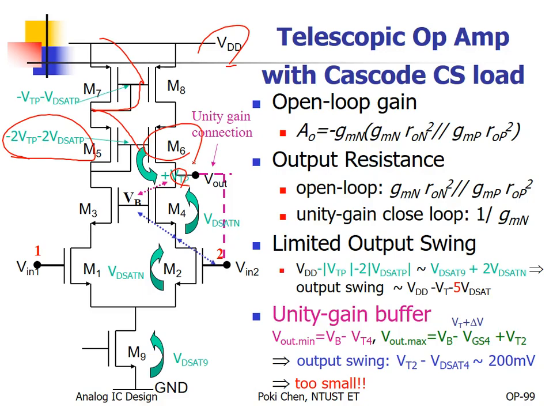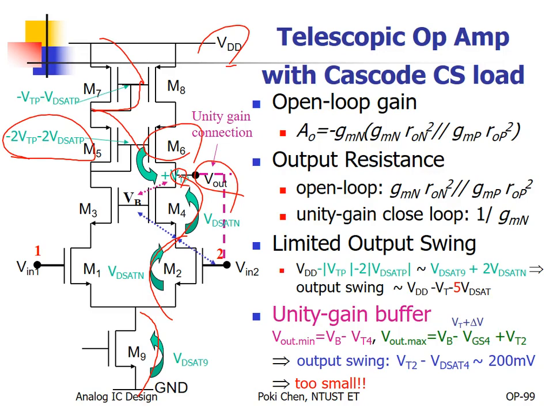For NMOS, it can be 1 VT lower for the drain voltage. And then how about the minimum for your output? Delta V, delta V, delta V. 3 delta V, that's it. Got it. You don't need to calculate.